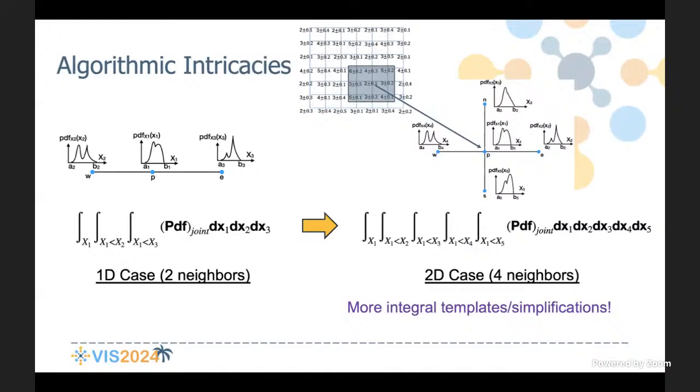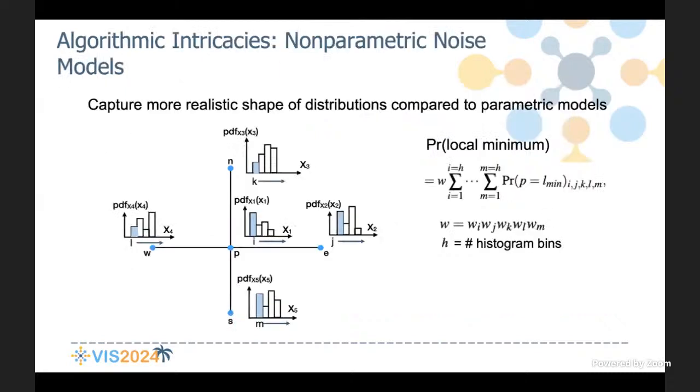Now, I just explained the 1D case, but for the 2D case, we have 5 integrals. So we solved that case in the paper. Now, for non-parametric noise, essentially for histograms, we again derive a closed form solution, and we leveraged our closed form solution for the uniform distribution. A histogram is nothing but a superposition of weighted and shifted uniforms.